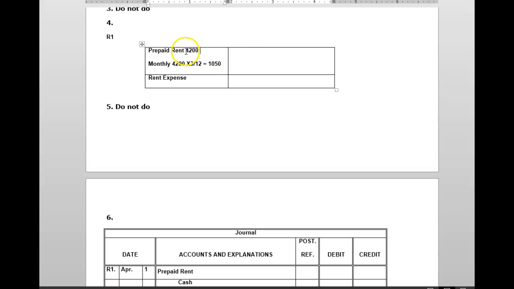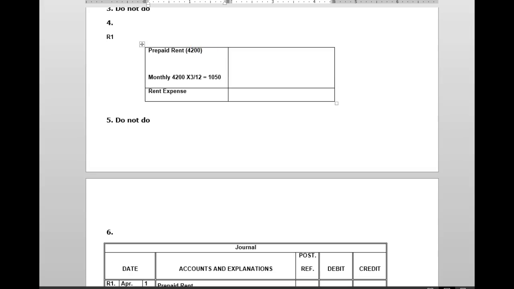So prepaid rent started out at $4,200, and each month we paid rent. So looking at it, we've paid 9 months of rent, $4,200 times 9 divided by 12, or 9/12, what is that amount?